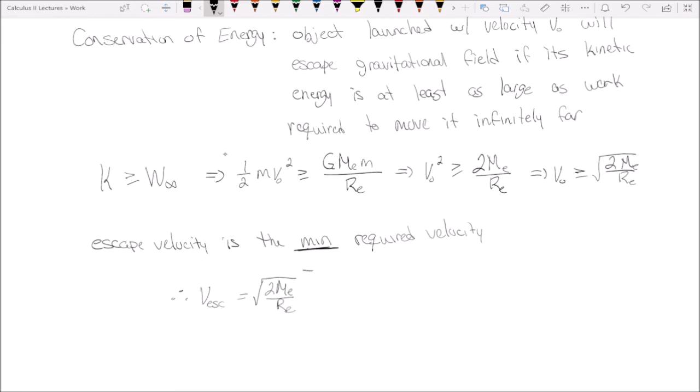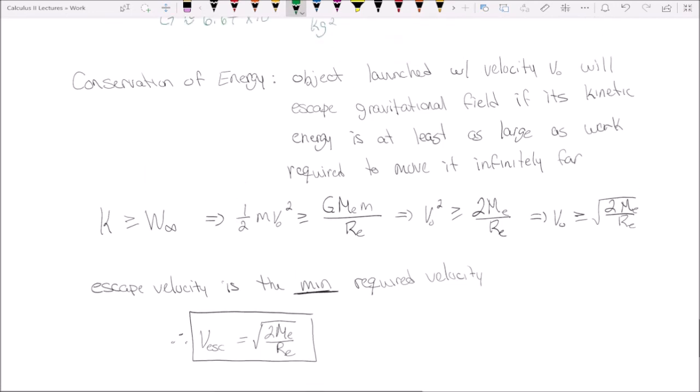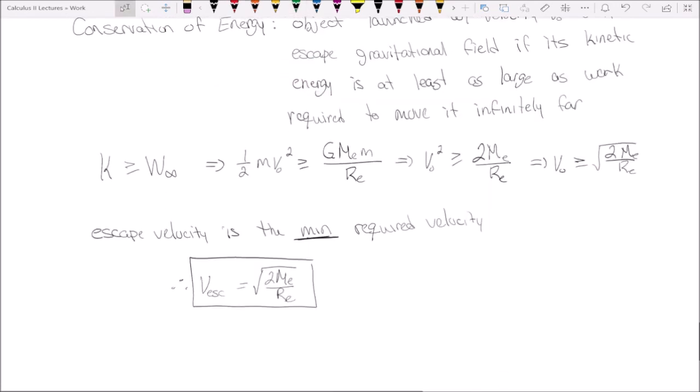Now, this is the escape velocity on Earth. Again, if we use our values up here, we find that this is approximately 11,189.3 meters per second.